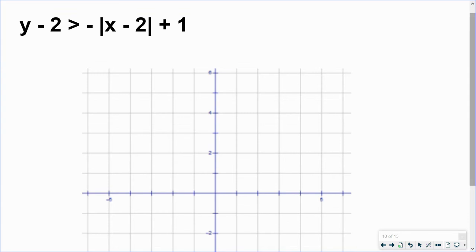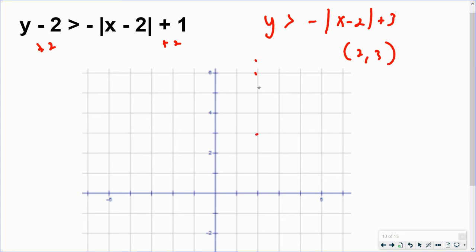Oh, what about this? I don't like this 2 on this side, so let's add that 2 to both sides. Okay, I can do this. Vertex is at 2, 3. Axis of symmetry is right through here.